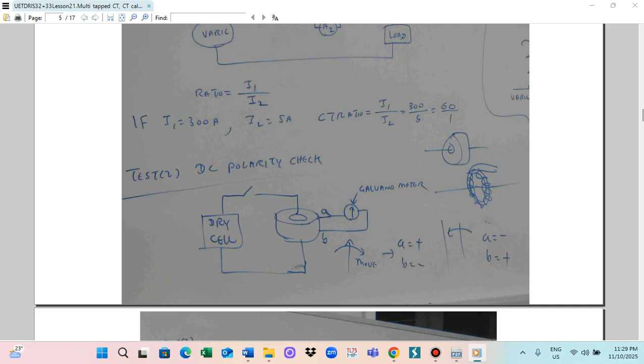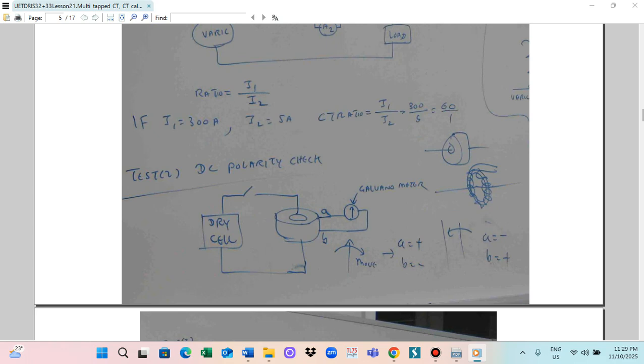So this is a dry cell here, this is a CT, and this is a switch. This is the primary and this is the secondary terminal, terminals A and B.